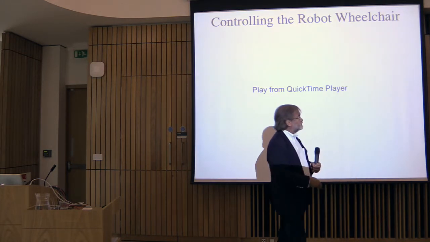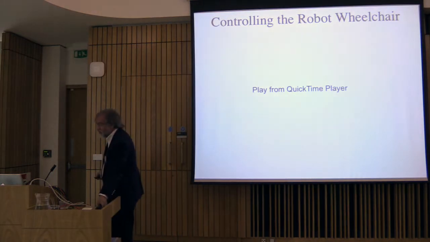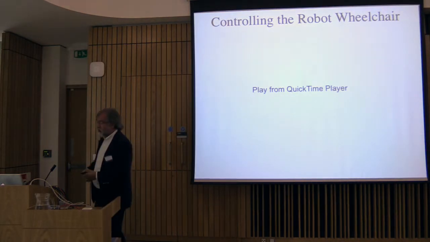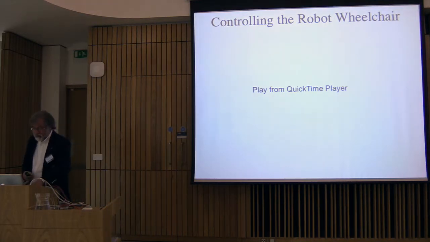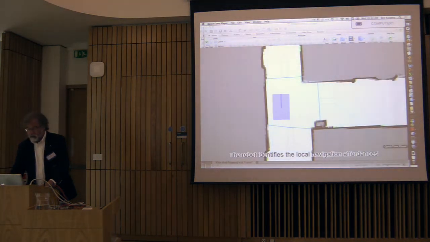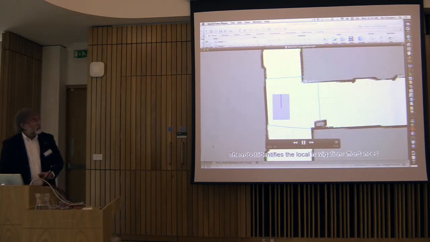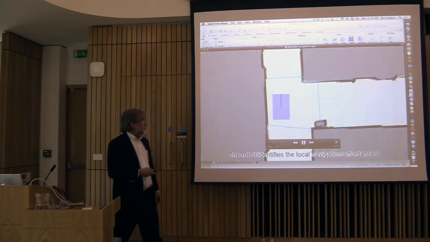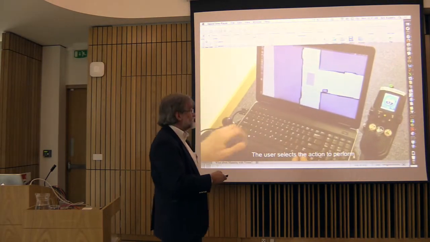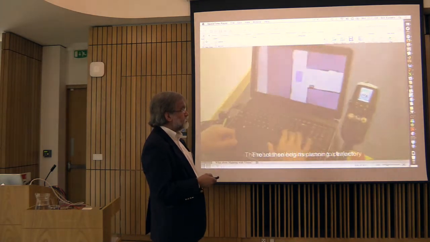Now, something went wrong with embedding this movie, but I want to show you a little bit using our robot wheelchair. So the robot, when it sees a place, it has identified those gateways, which are essentially navigation affordances.